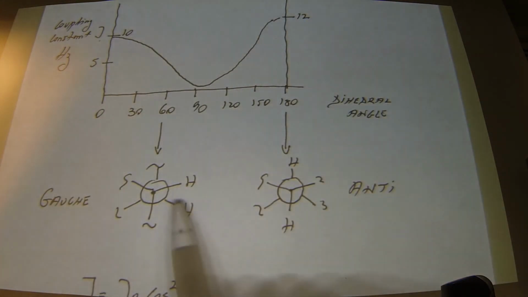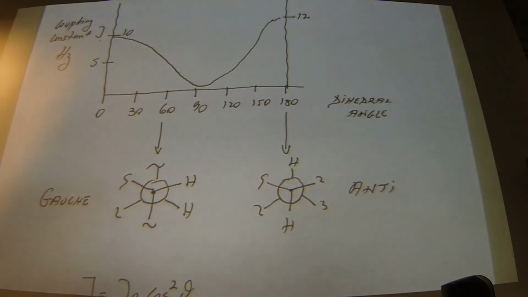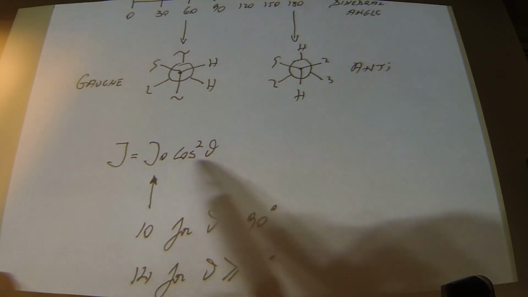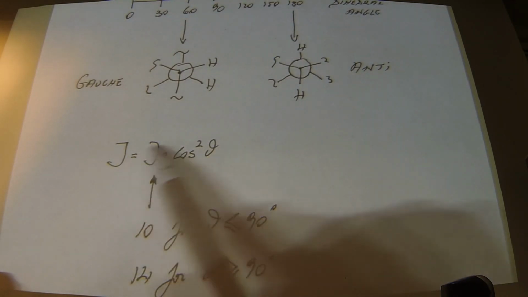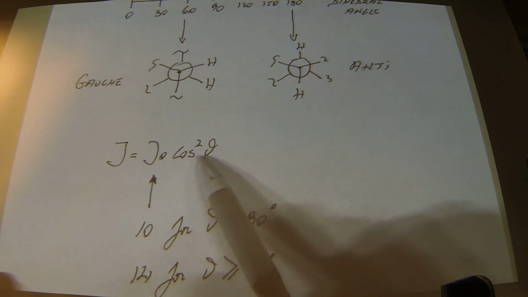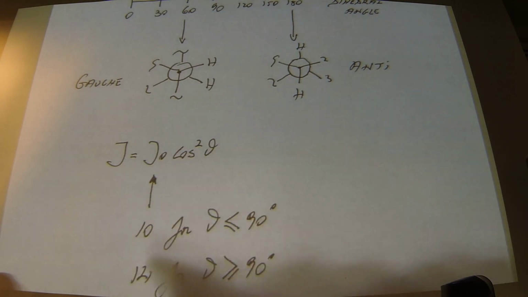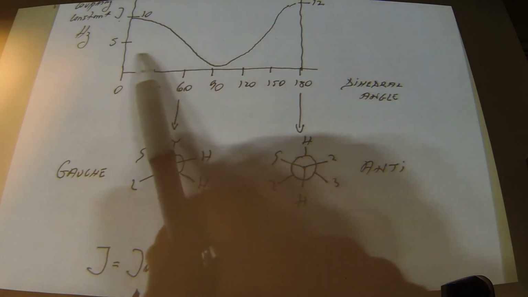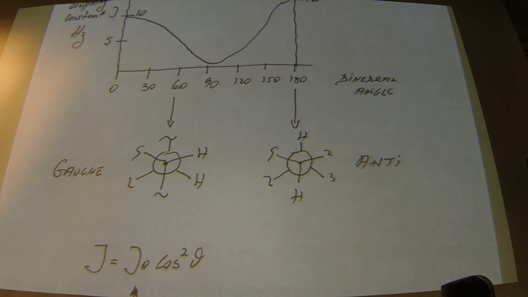If they're at 90 degrees, in other words, if they're orthogonal, 0 coupling. And it's given by this cosine squared equation, where the coupling constant is equal to a constant times cosine squared of the dihedral angle, and this constant varies whether you're on this side of the curve or that side of the curve. It turns out this is a very, very useful correlation, because you can actually tell a lot about chemical structure from the coupling constant, right?